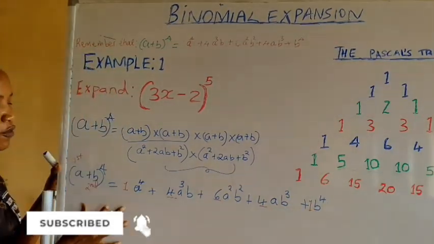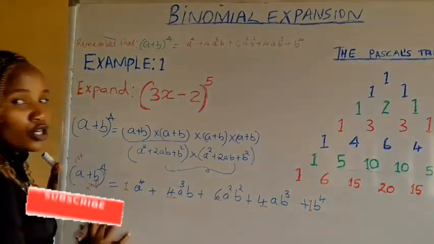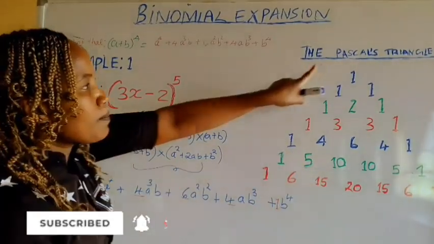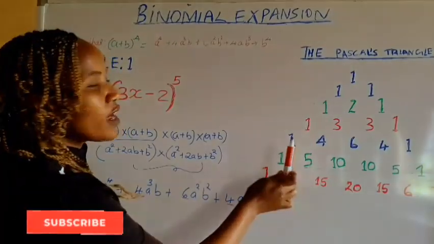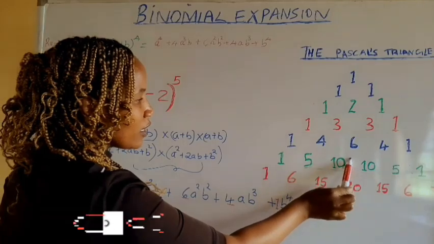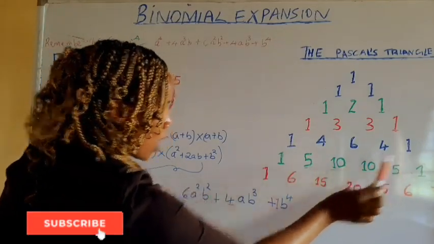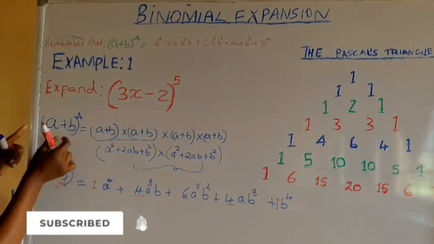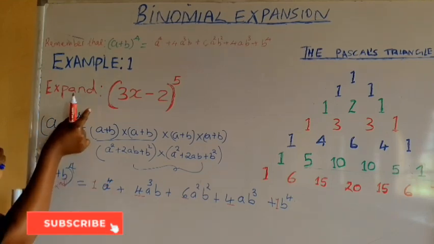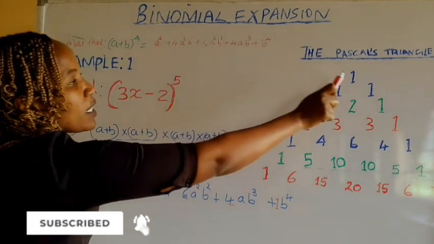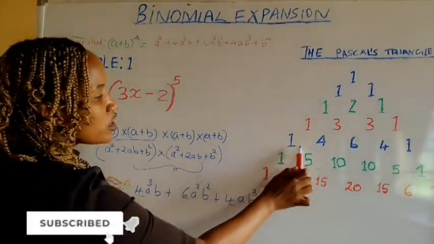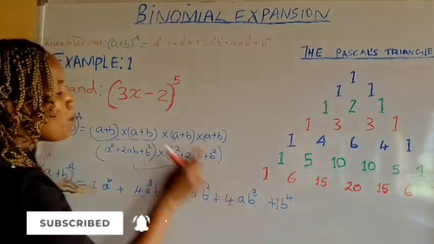So if you look at these numerals, you realize that we have in the Pascal's triangle the coefficients 1, 4, 6, 4, and 1. That means if we raise the sum of these two terms to power 4, then we go to the Pascal's triangle and extract the coefficients in response to power 4.